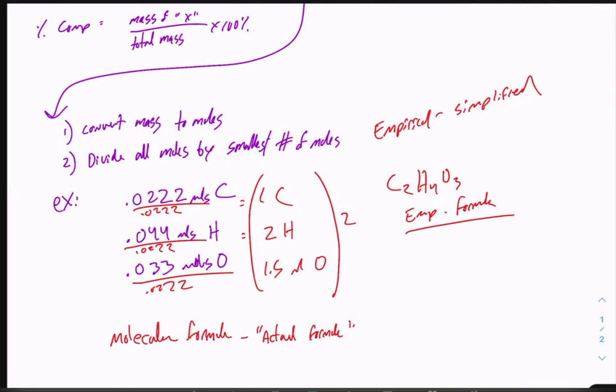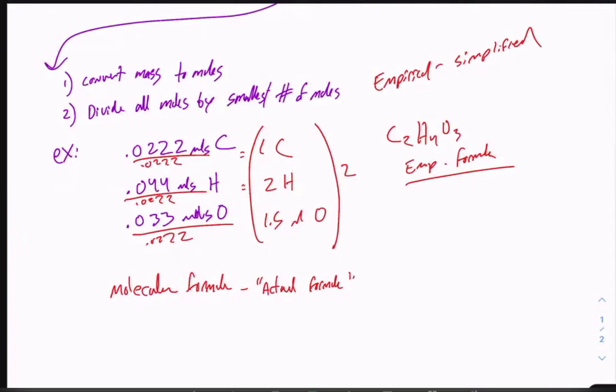So the molecular formula, the way that we find that is we take the molar mass of the actual divided by the molar mass of the empirical, and it gives you some integer, right?